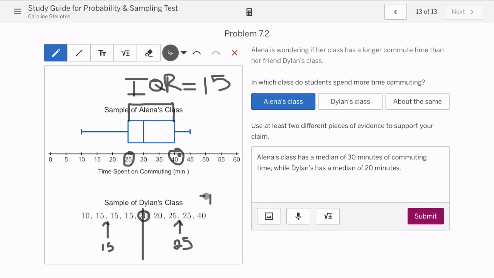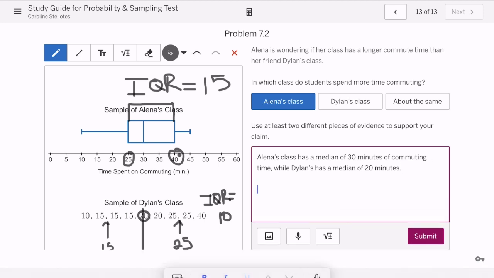So our IQR is 10. So Dylan's data is a little bit closer together. There's less variability. But they have pretty similar IQRs, 10 minutes, 15 minutes.